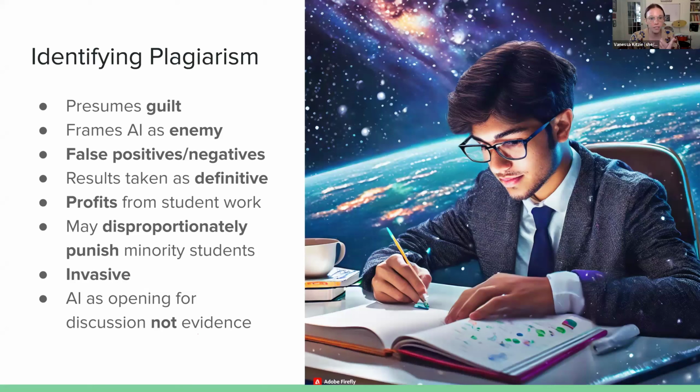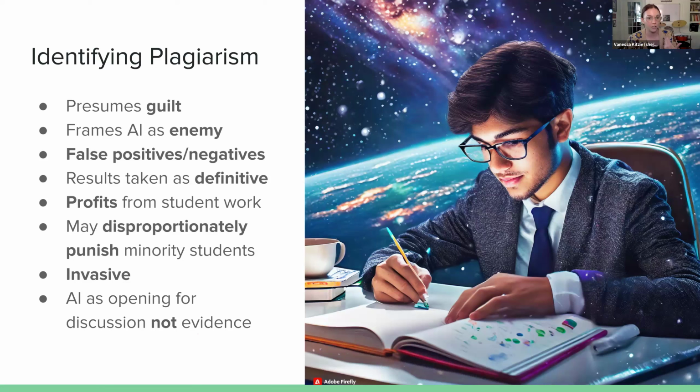They presume guilt. They frame AI as this dystopian enemy that's going to just lead to bad behavior. The problem with these sorts of software is that when they flag something as being indicative of plagiarism, they're not 100% accurate. So there's always going to be false positives and false negatives. So some cheaters are going to skate by.